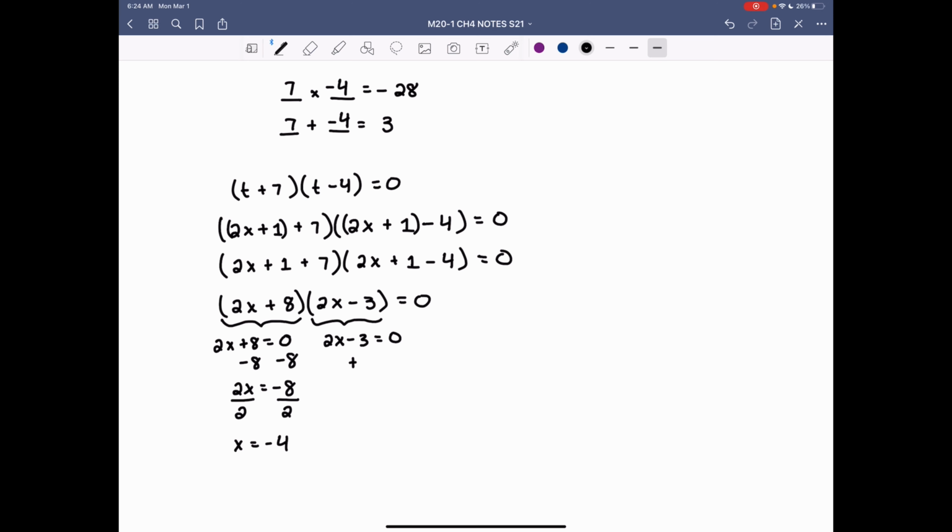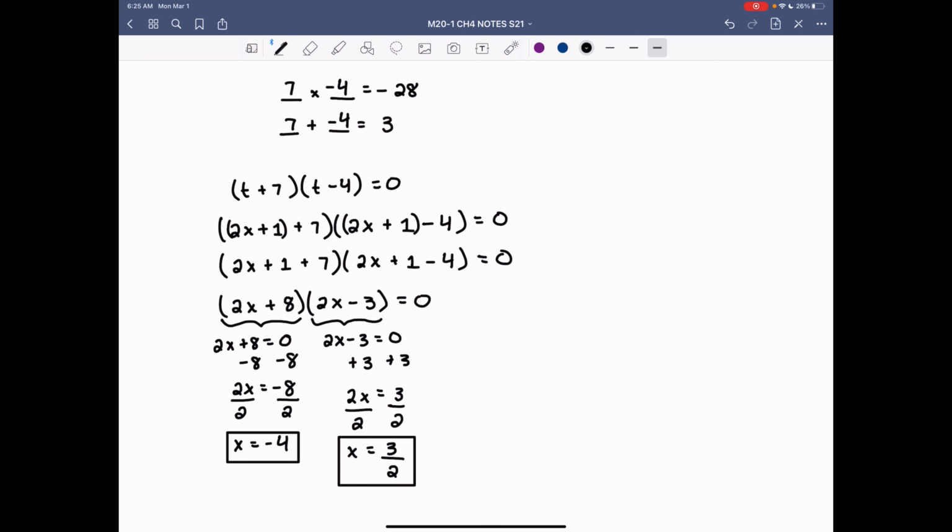Add 3 to both sides. 2x equals 3. Divide by 2. x equals 3 over 2, or you could write that as 1.5. So our two solutions, x-intercepts, roots, zeros, are x equals negative 4 and x equals 3 over 2.